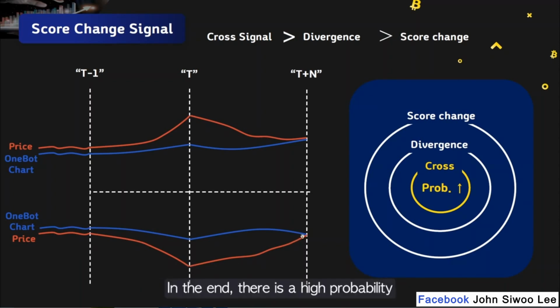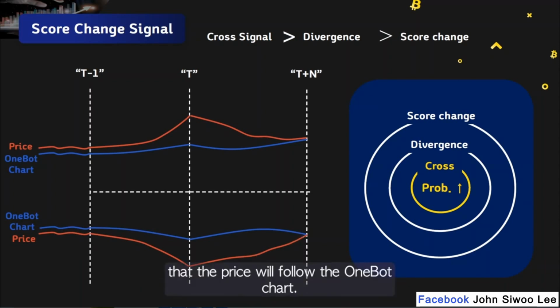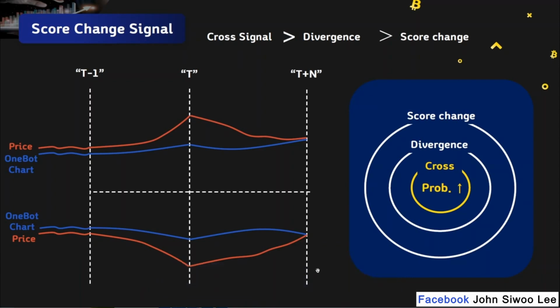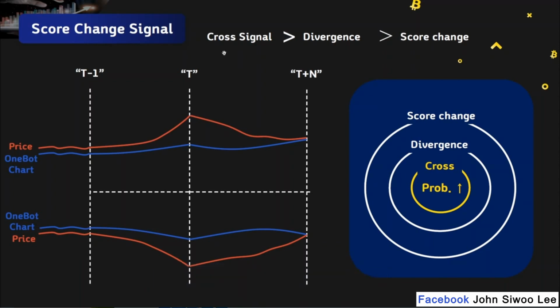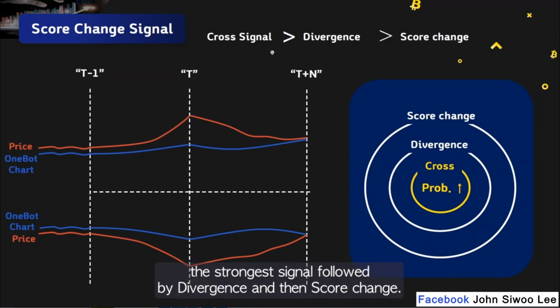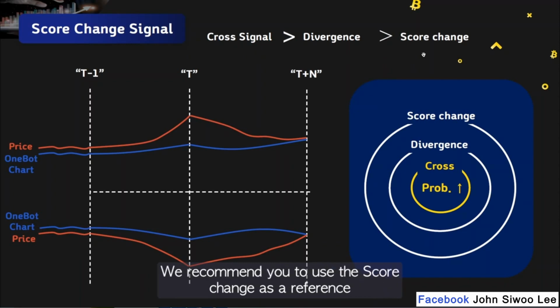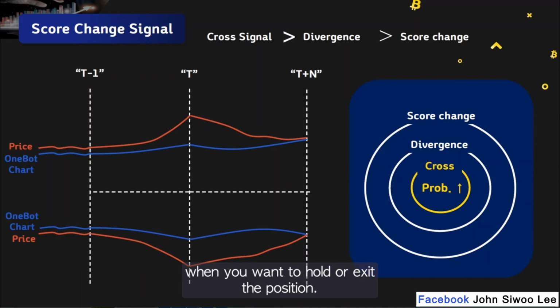In the end, there is a high probability that the price will follow the Onebot chart. As you can see above, the cross signal indicates the strongest signal, followed by divergence, and then score change. We recommend you use the score change as a reference when you want to hold or exit the position.